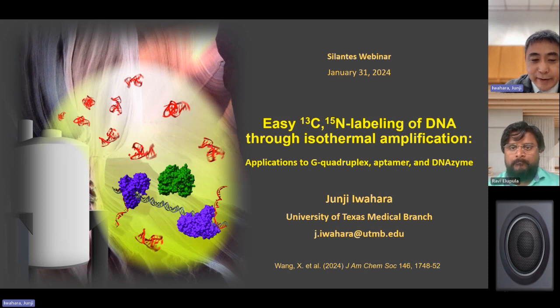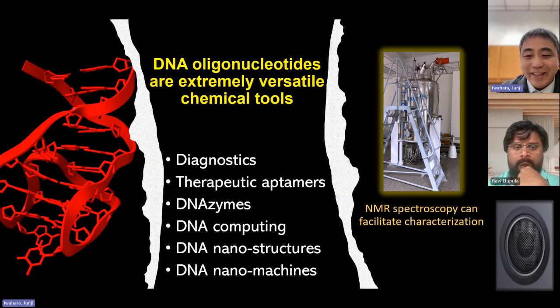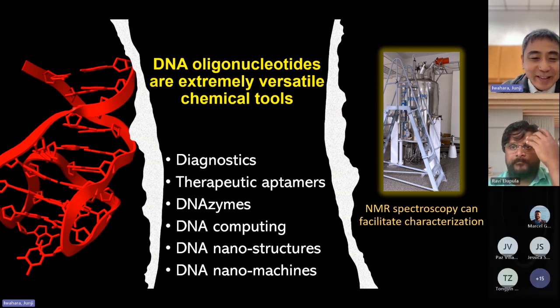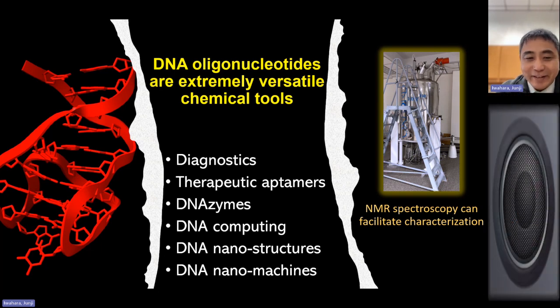As you know, DNA is a genetic material in biology, but in terms of chemistry and biochemistry, DNA is much more useful than just a genetic material. DNA oligonucleotides can be used for diagnostics using PCR, or therapeutics using aptamers to target particular proteins.